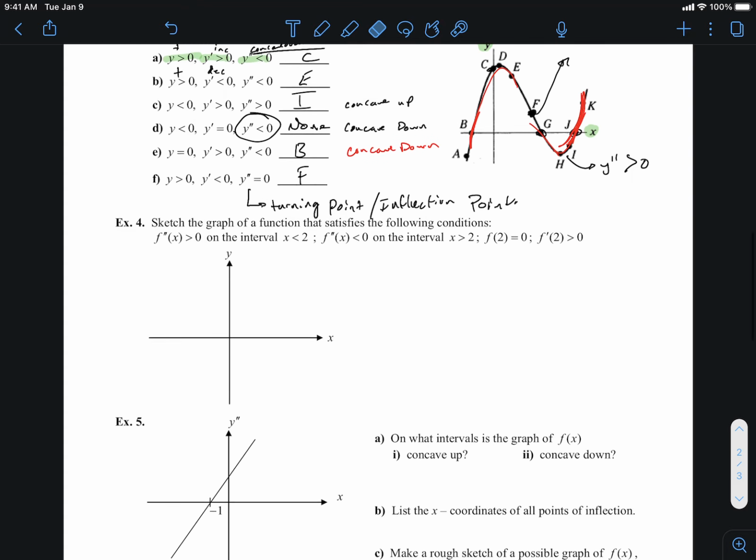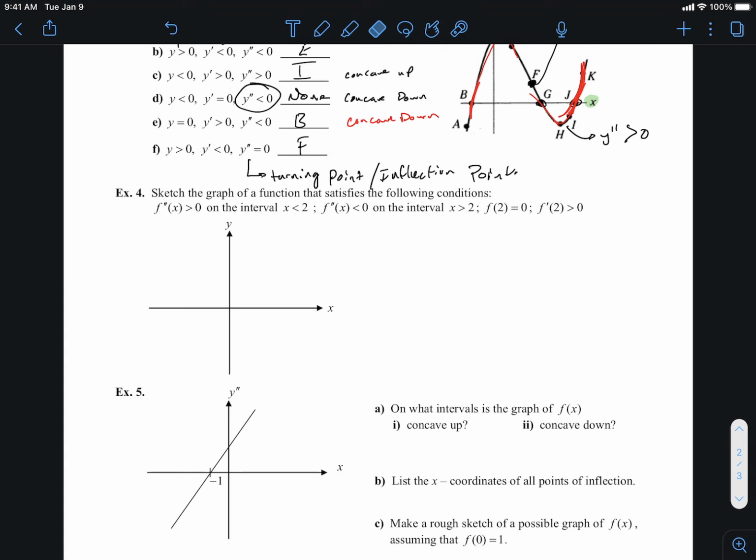Okay, so for example 4, we want to sketch a graph of a function that satisfies the following conditions. We want the second derivative to be greater than 0 on the interval x less than 2.